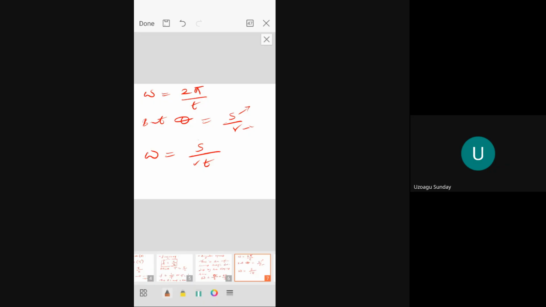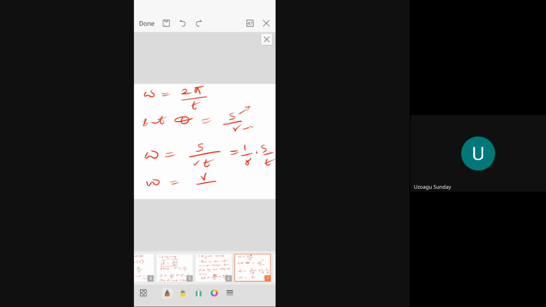If I try to separate the S and T, I can write this as 1 over R multiplying S over T. And of course, you know that S over T is our V. So this can be written as V all over R. You see that?